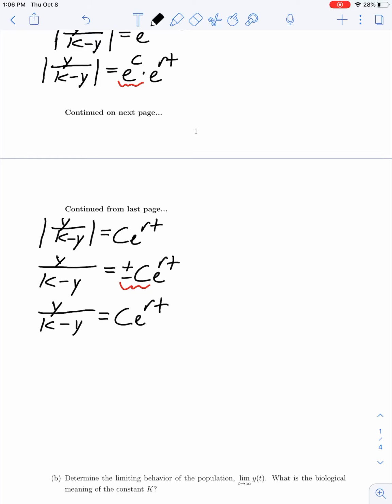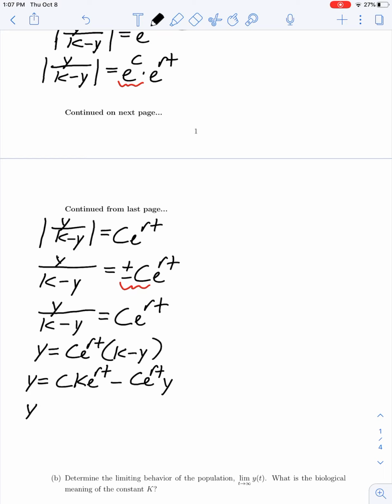Now from here, I can solve for y by multiplying both sides by our denominator, k minus y, and expanding. So I would have on the right-hand side a ck e to the rt minus c e to the rt times y. So grouping my y terms together, I have y plus c e to the rt times y is equal to ck e to the rt.